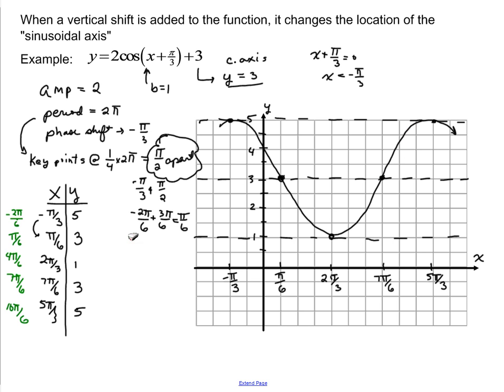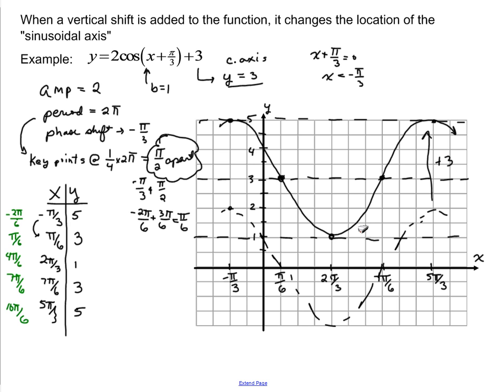Now, if all of this shifting up and down doesn't help you out, one way of thinking about this is that if this were just a normal non-vertically shifted graph of cosine, we would have seen something that looked more like this, a graph that passed through each of these key points at negative pi over 3, pi over 6, 2 pi over 3, 7 pi over 6, and then back up at 5 pi over 3 right here. And all of these points are shifted upward by 3.